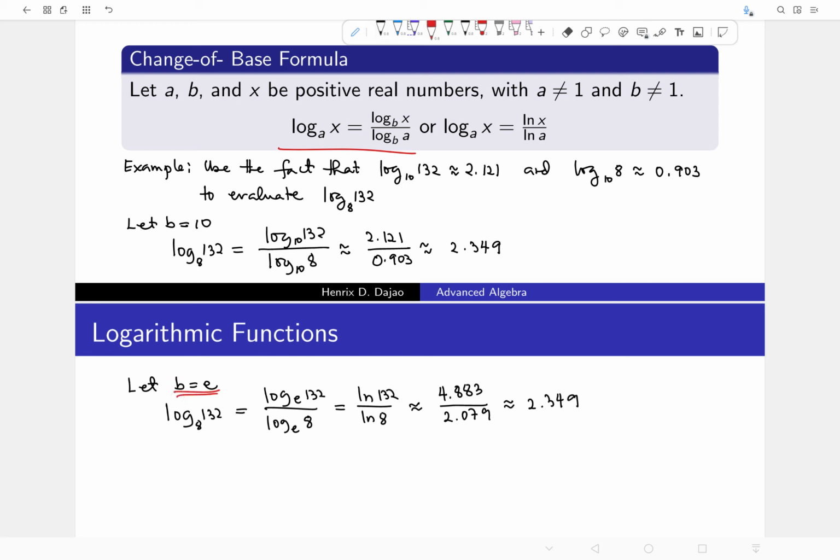This time we're using a different b, but we got the same answer. This one is approximately equal to 2.349, and this one as well is approximately equal to 2.349. So this is the change of base formula.